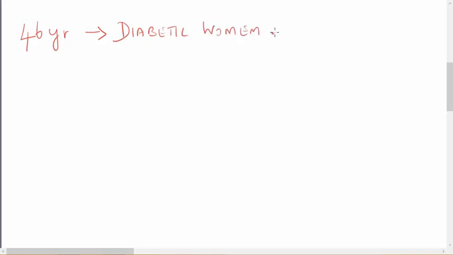When you read diabetic woman, your brain should know what are the clinical features of diabetes, what investigations will be positive in diabetes, and what are the complications of diabetes. All this your brain should be getting deep into the diabetes once you read that.